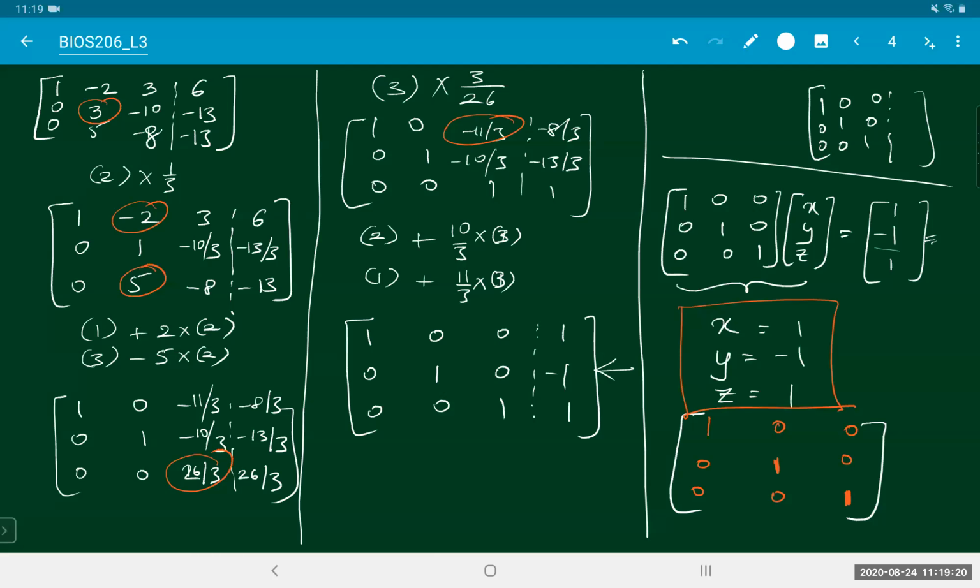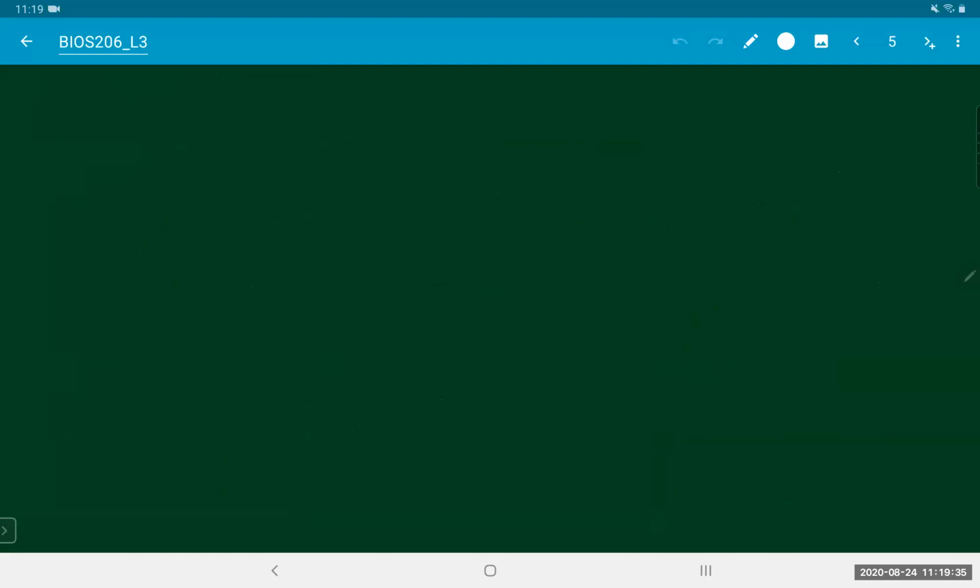Okay, so this is how you use matrices to solve linear equations. Why should a biologist care about doing this? So I have written down a biology example for you. There is something called the Leslie model.